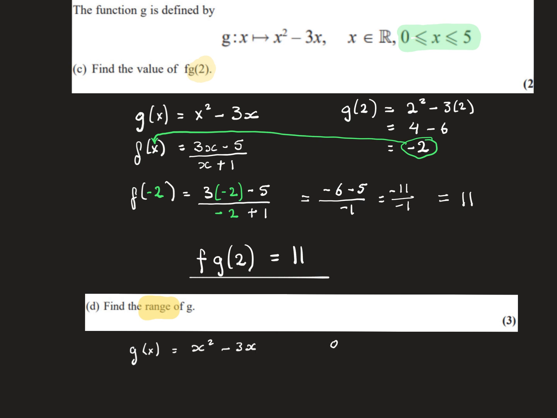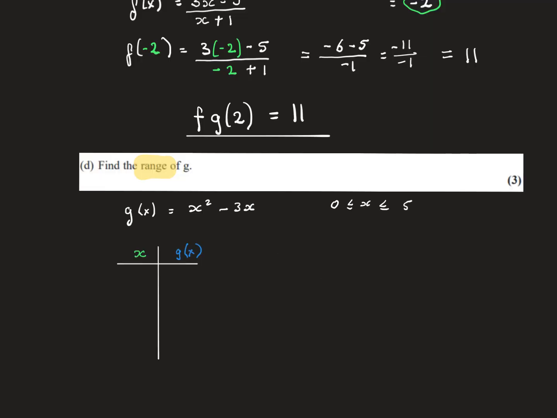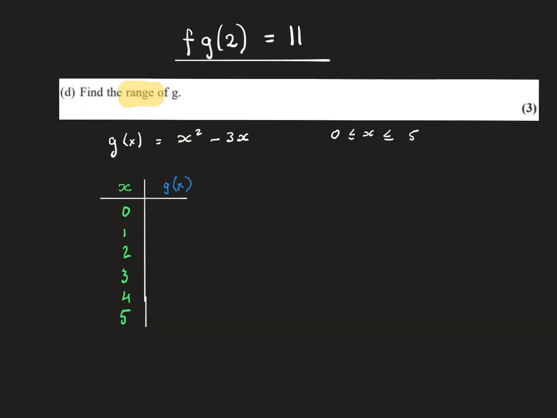And we only need it between 0 and 5. So there's not too many points. This is one where I would just sketch it. With 0 to 5: 0, 1, 2, 3, 4, 5. I'll just fill them in myself. That'll be just 0.